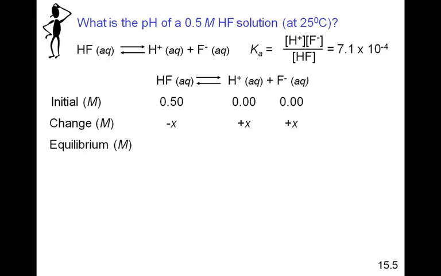So at equilibrium, the HF concentration is 0.50 minus x, the H plus concentration is x, and the F minus concentration is also x. So we take the Ka equation, because really this is the only way we're going to find these species concentrations at equilibrium.